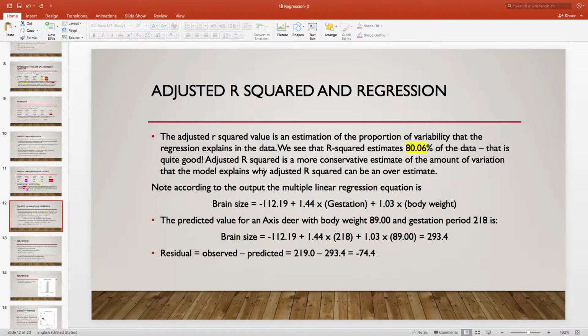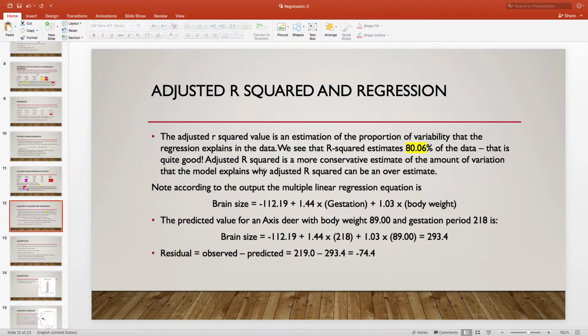Okay, the adjusted R squared is an estimation of the proportion of variability that the regression explains in the data, and the R squared explains 80% of the data. That's really good. Okay, and it's a more conservative estimate for the amount of variation that the model explains.